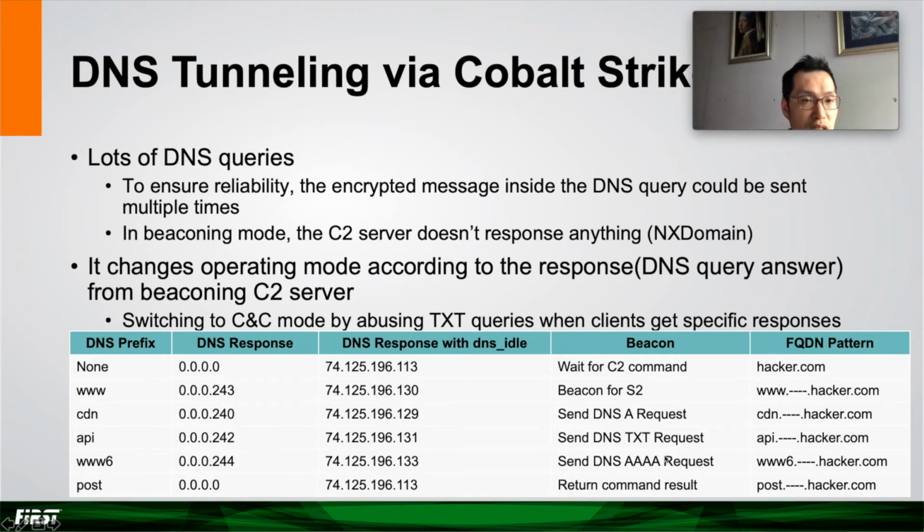Also, when it's switching to the command and control mode, it will abuse TXT DNS queries when the client gets specific responses. So we can see, as the table shows, only a few DNS response types and the characteristics of domain name length are the features we observed.